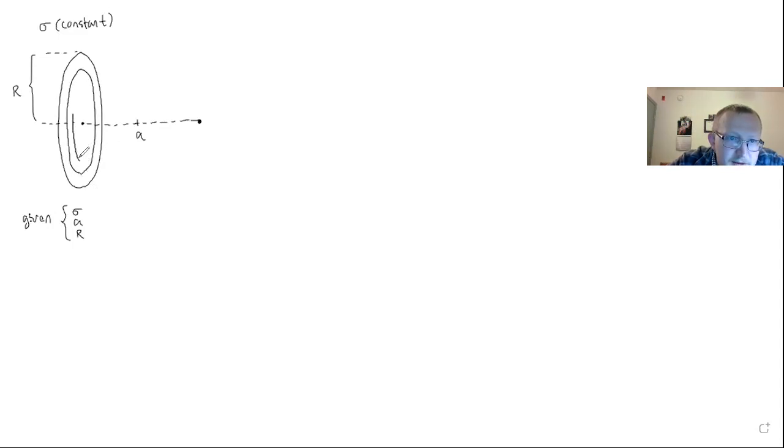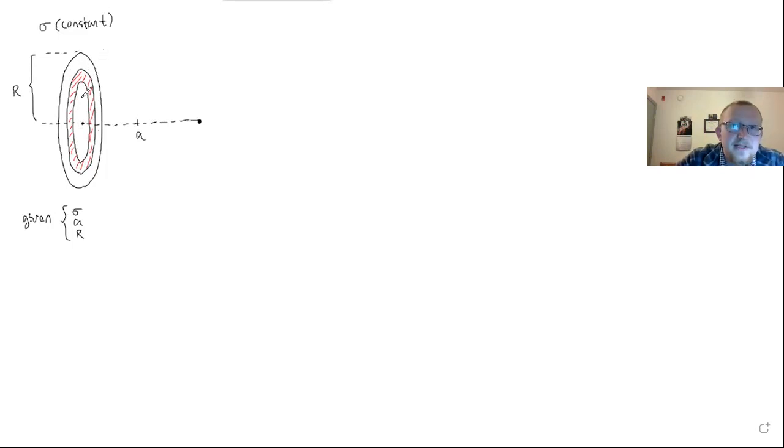I'm going to draw it a little bigger than it would be, because it's supposed to be an infinitesimal, but I'll draw it bigger so it's easier to see. And let me even shade it in. This band is going to have a certain area to it, which we're going to call dA.